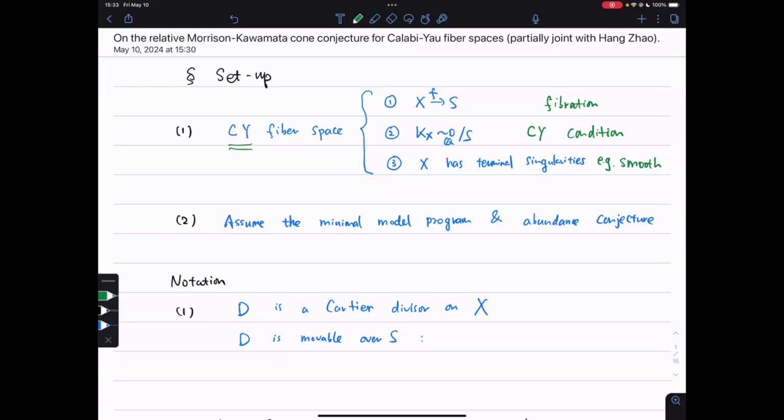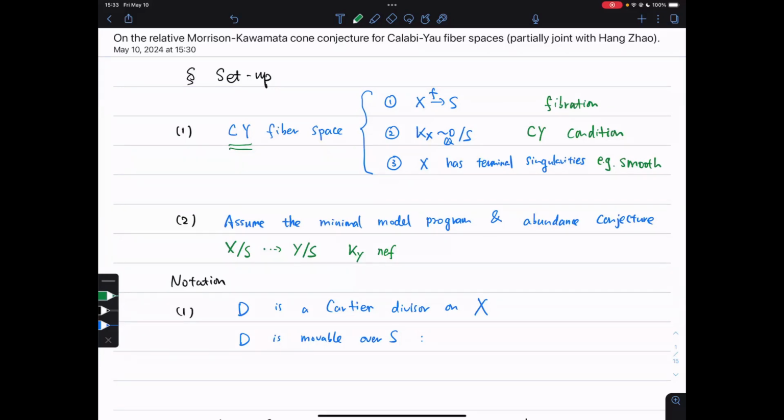Let me briefly remind you what I mean by the minimal model program. If you have a variety X over S, there is some birational map to Y such that K_Y is nef, and the singularities of Y are better than X in terms of discrepancies.